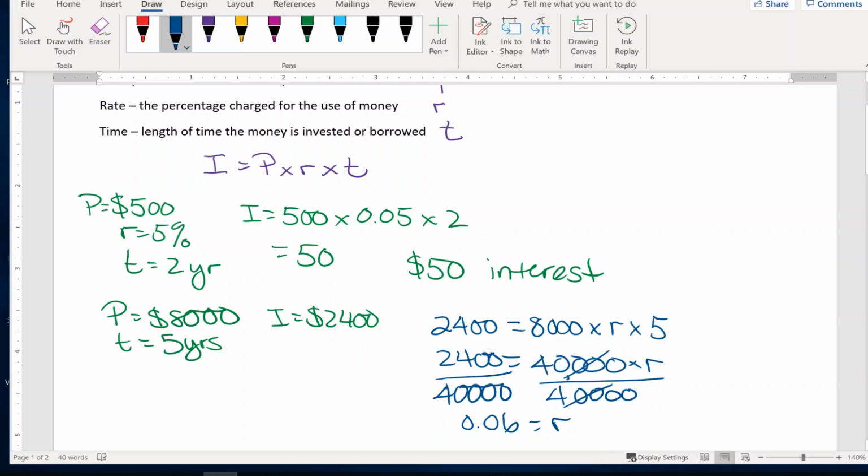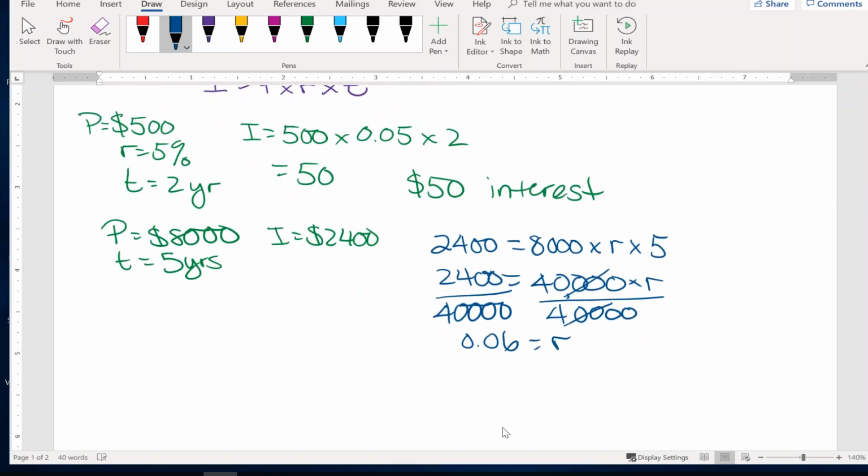Now this gives us a rate, and that rate is equivalent to 6%. So here, our rate that we're borrowing money at is 6%.